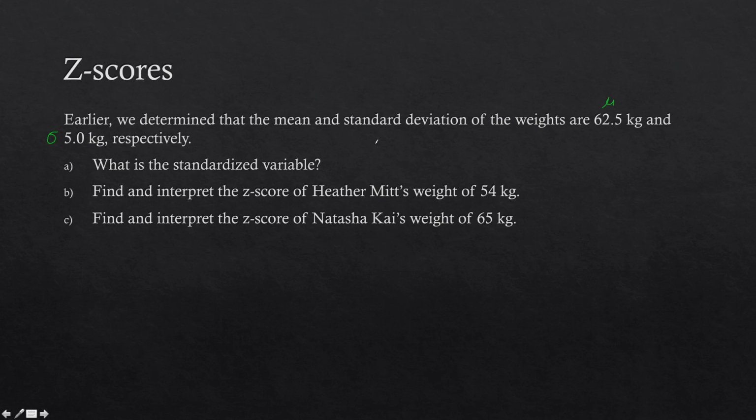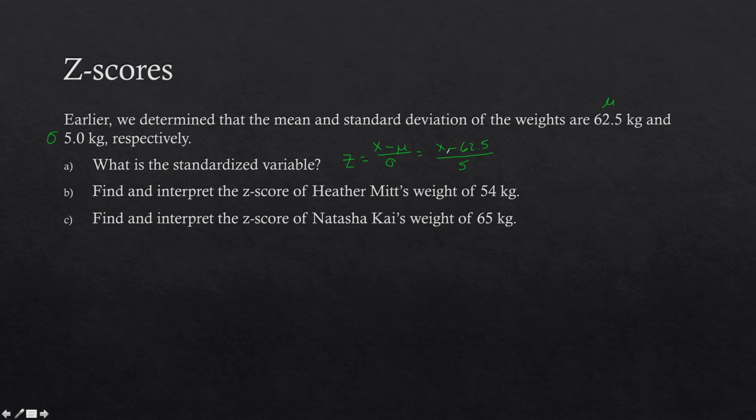What is the standardized variable? In other words, write your standardized variable formula here. Remember what it looks like. It's x minus mu over sigma. So this is going to be x minus 62.5 all over 5.